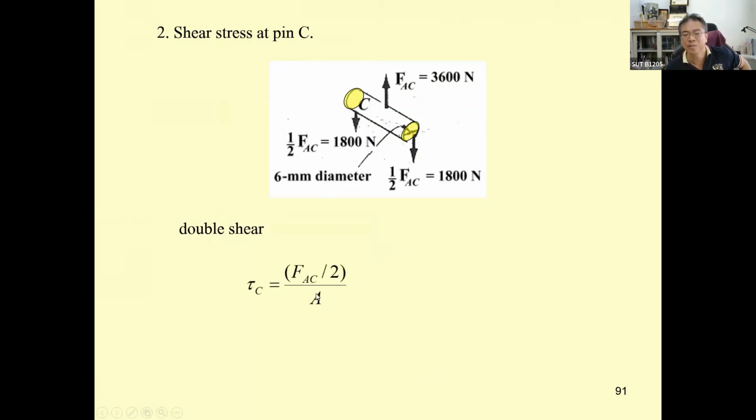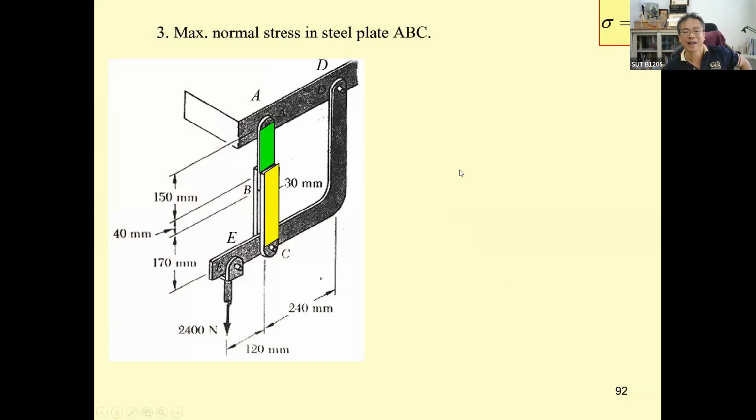The stress going to be 1,800 divided by pi r squared. So the shear stress occur at the bottom of C is 63.7 megapascal.